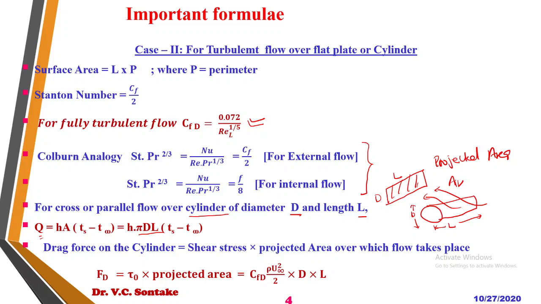Cf into rho infinity squared over 2 is nothing but shear stress, and d into L is projected area. So these are some of the basic formulae involved, and you are supposed to remember them.